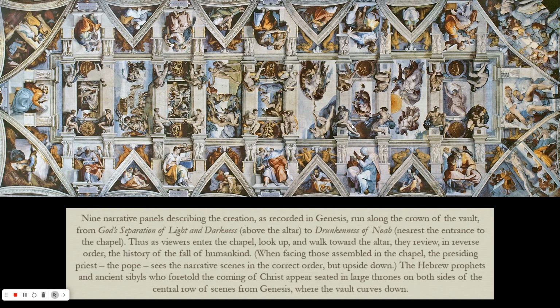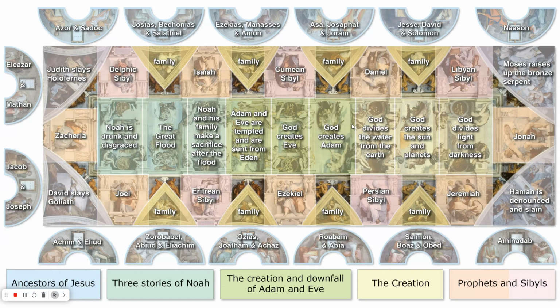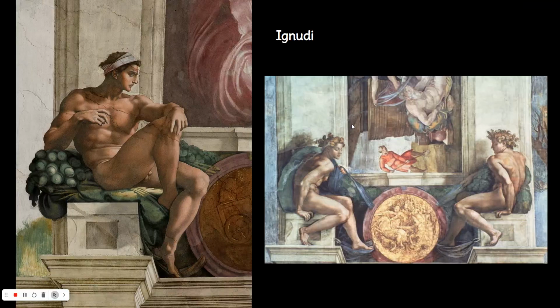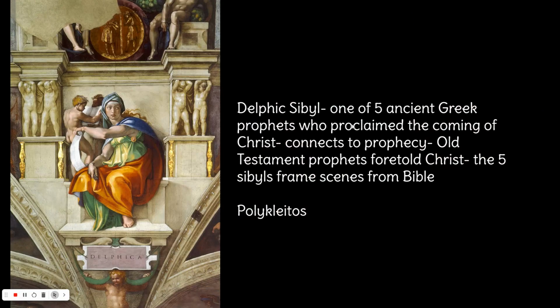And then remember, the sibyls are not biblical, but they were a tradition that these ancient Greek prophets had predicted the coming of Christ. And we talked about the perfect planned composition, the classical elements depicted here.